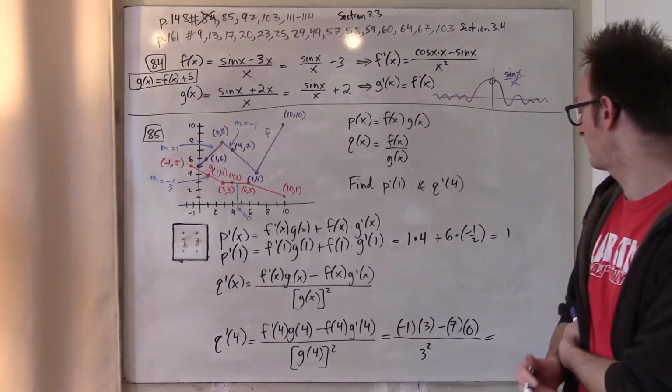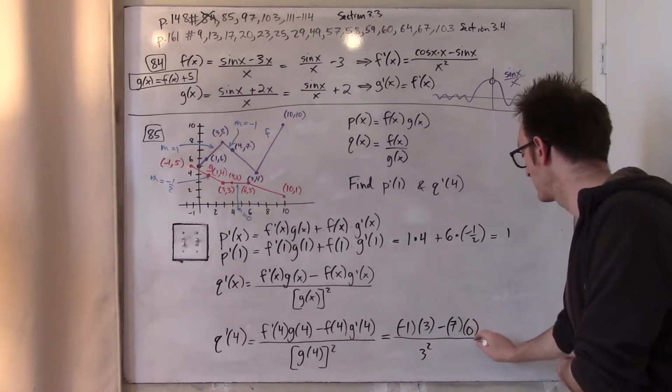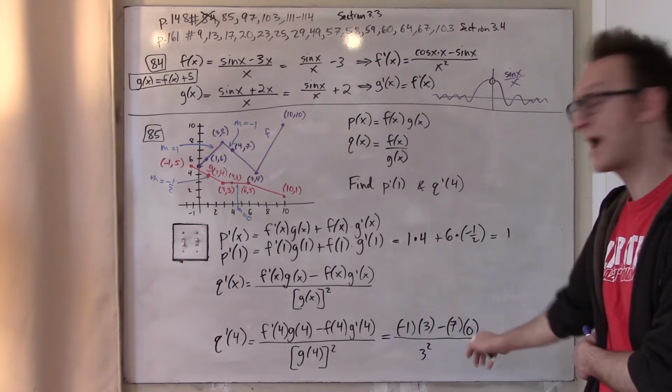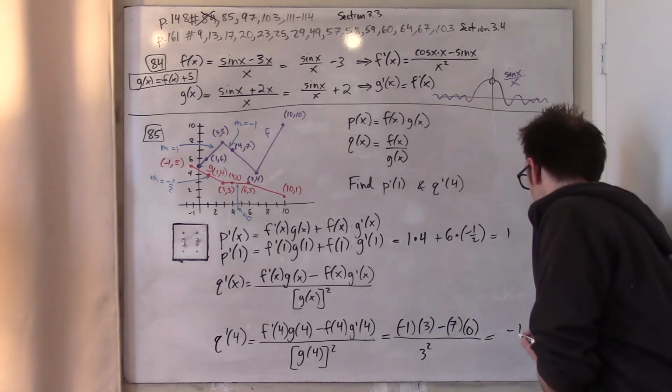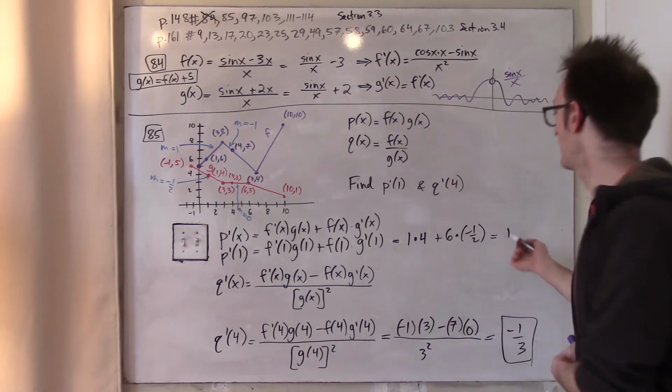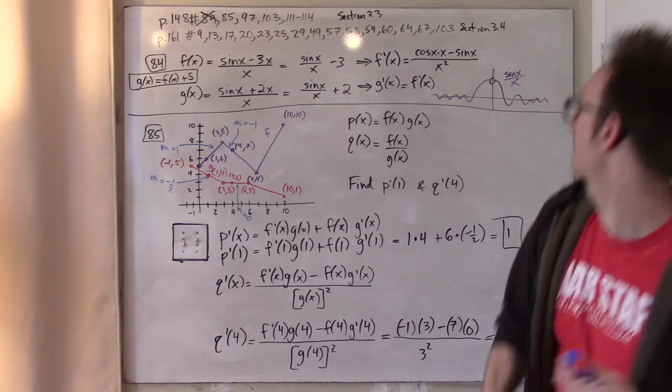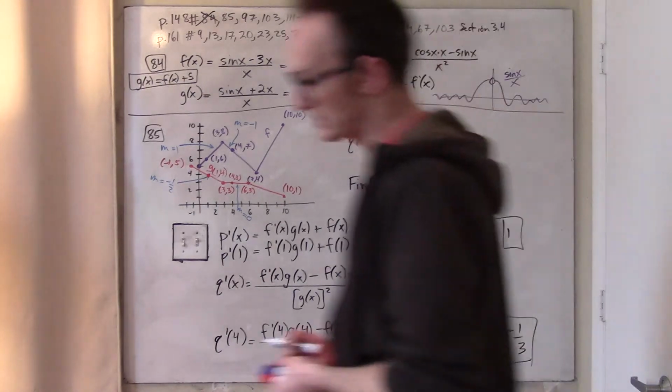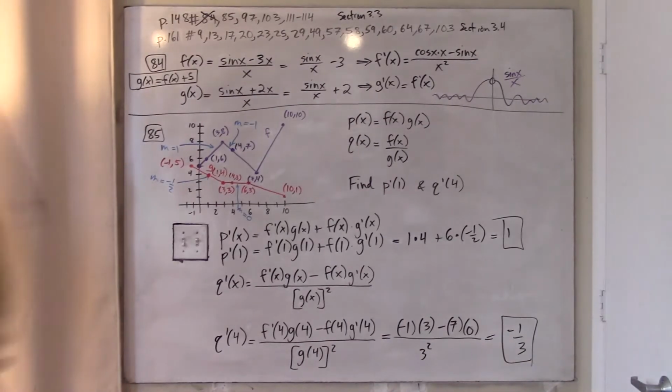So what do we end up with? We end up with negative 3 in the numerator and 9 in the denominator, so the answer to this problem is negative 1/3. Okay, so that was maybe a lot of effort, but there it is. Okay, be back in a second with some more.